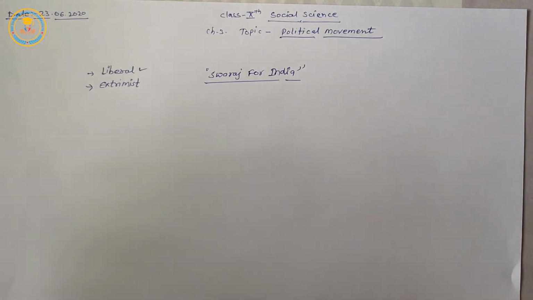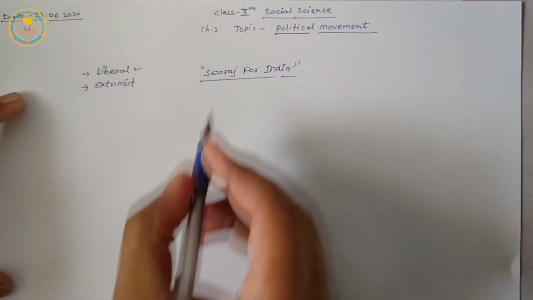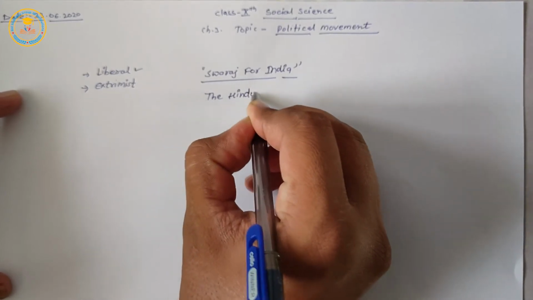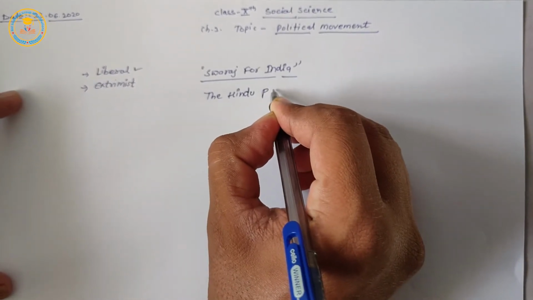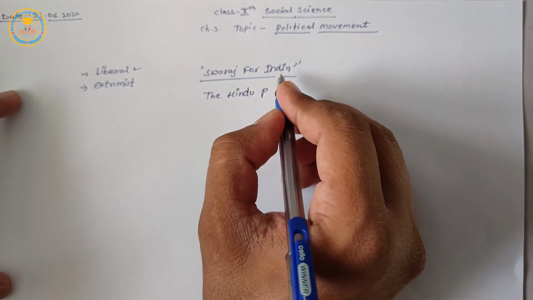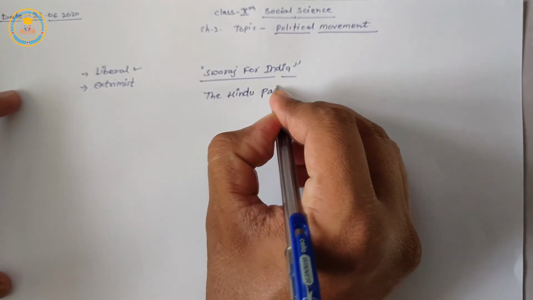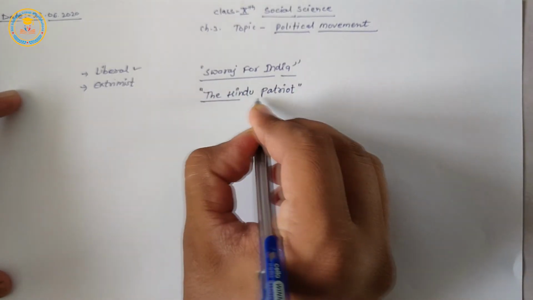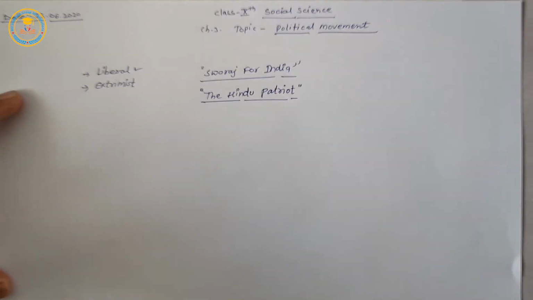Christo Das Pal was the editor of the newspaper The Hindu Patriot from Bengal and published the article Swaraj in his newspaper.